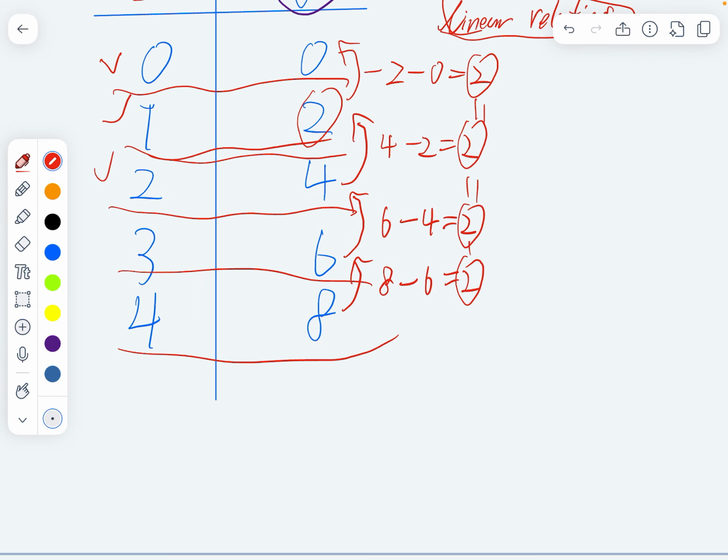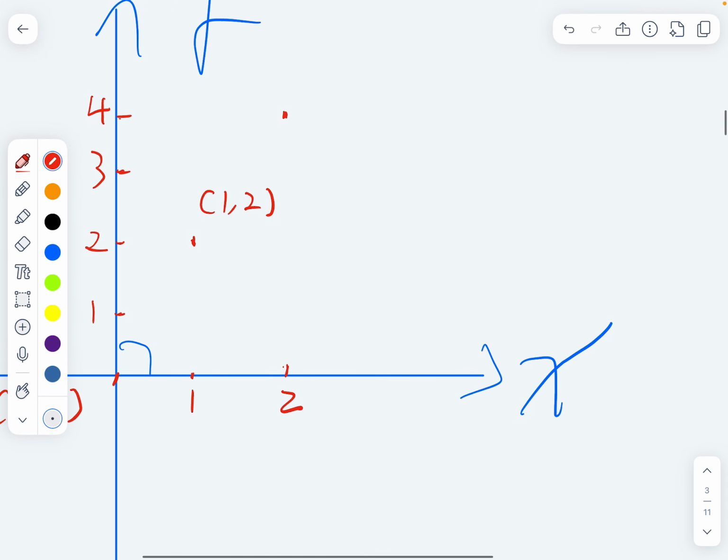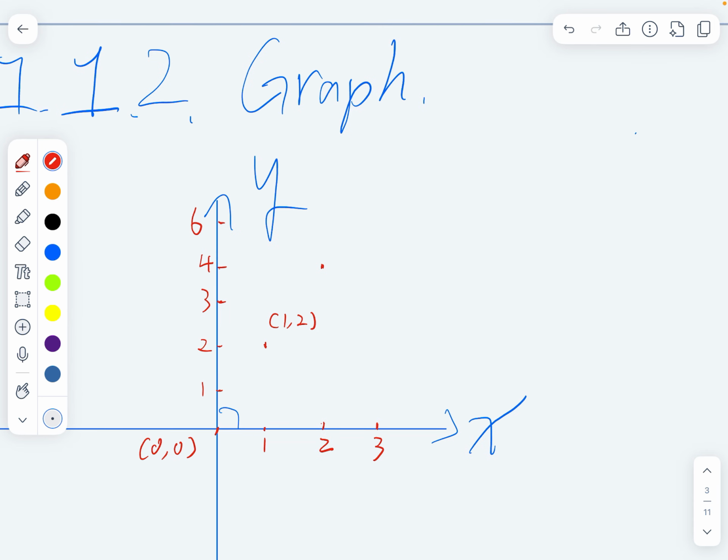The third one is 2, 4, so that will be here. The next one is 3, 6. There will be a 3, and this will be 6.